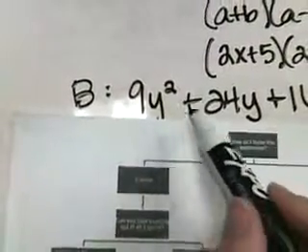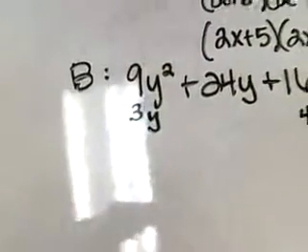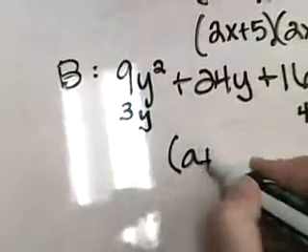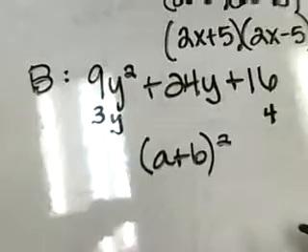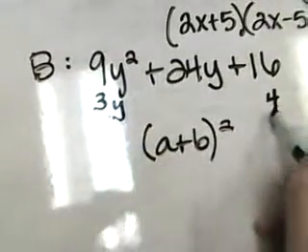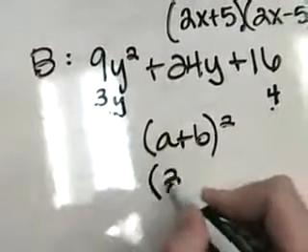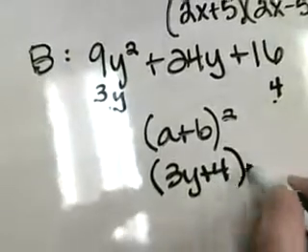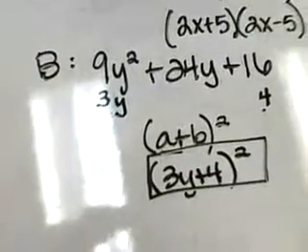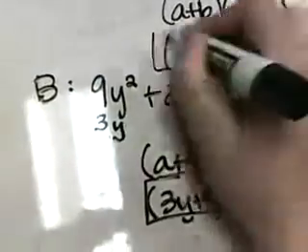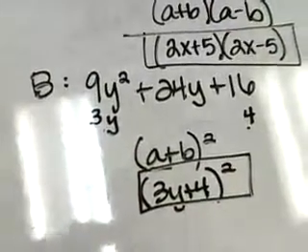Well, ours are positive, positive, so we're going to use a plus b quantity squared. What's our a and our b? A is here, b is here, so we have 3y plus 4 quantity squared. There's my final answer. I didn't circle him up here, but there's my final answer there.